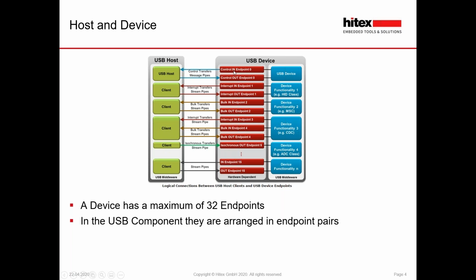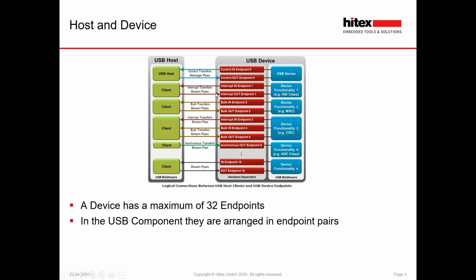Typically the hard part of getting USB working initially is to connect to the device and go through the enumeration phase successfully. And then as soon as you've got that set up, it's a matter of streaming data to and from the device. These user pipes are unidirectional, so we have an in pipe or an out pipe.